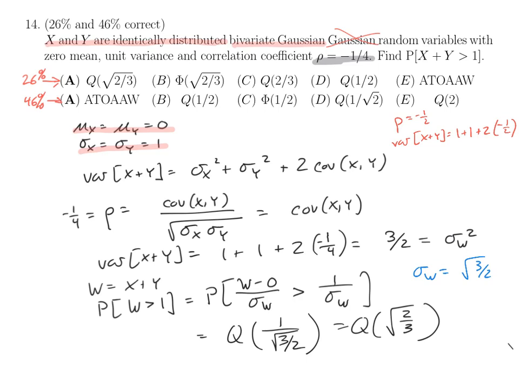So this is actually the easiest version of the problem because you get variance of x plus y equals 1. And so probability of x plus y less than 2, right, is in fact exactly equal to phi of 2 over the standard deviation, which is 1. So it's phi of 2. So I've skipped some steps there, but you can fill them in because the means are 0. But the key is that the variance is 1.